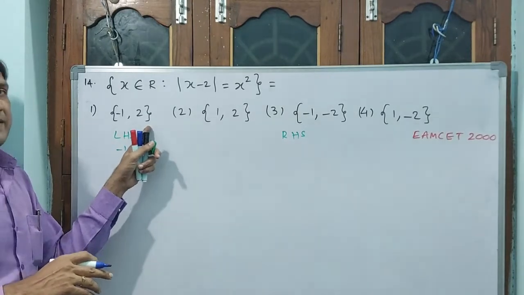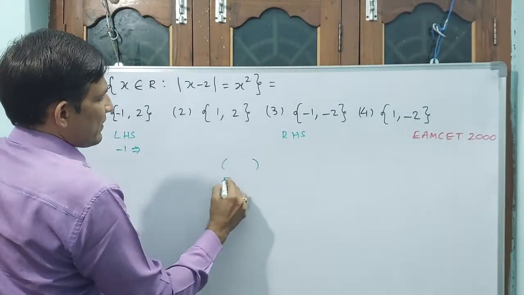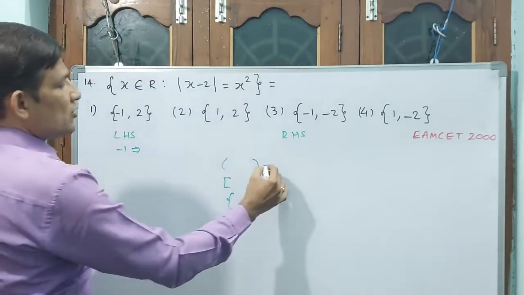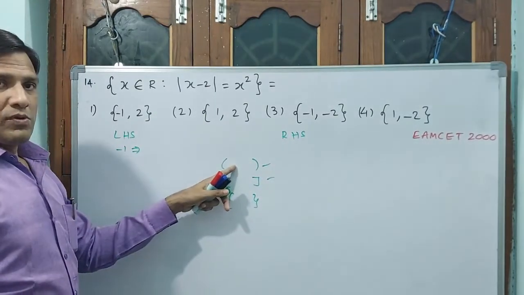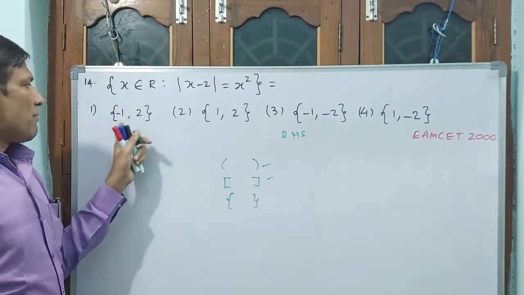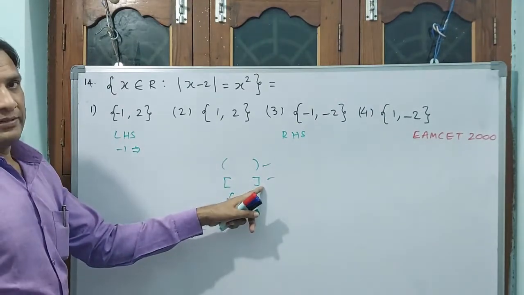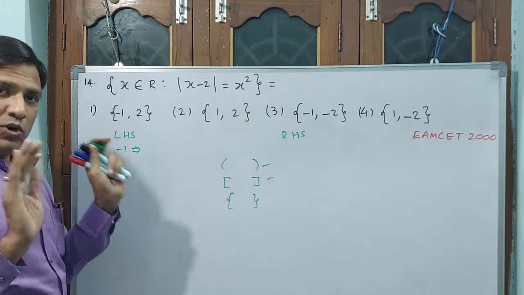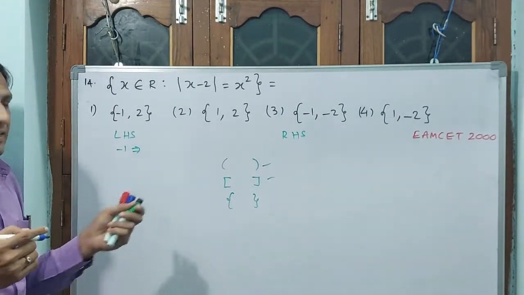Because this is a set, not a bracket. This is different, this is different, and this is different. These two you can apply for limits from minus 1 to 2, but minus 1 you should not take, 2 you should not take. This bracket, minus 1 to 2: minus 1 you should take, 2 also you should take. This is a set of elements. Minus 1 and 2 only you have to take. Like this you have to understand the concept.